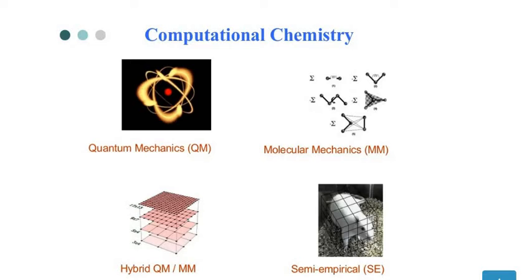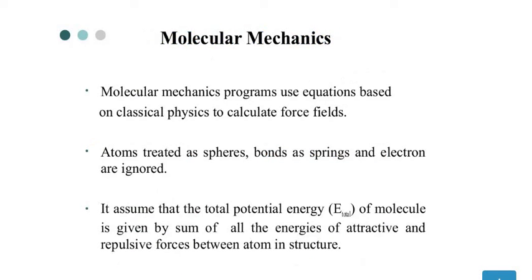Now computational chemistry: look at here, quantum mechanics, molecular mechanics (MM), hybrid quantum mechanics and molecular mechanics, and semi-empirical. Now look at how molecular mechanics works. Bond length, bond angle, dihedral angles, and many more parameters are needed. Then you can see the quantum mechanics, and semi-empirical or empirical methods. Now I am going to shed some light on molecular mechanics.